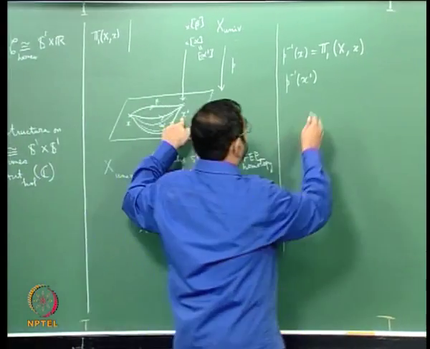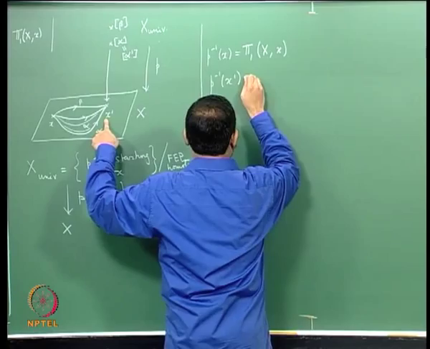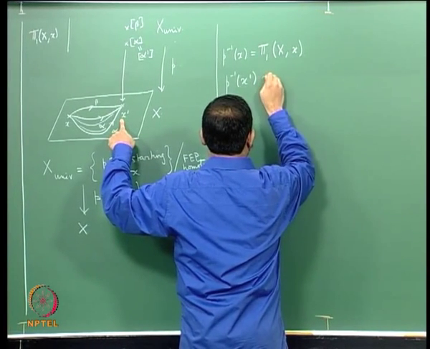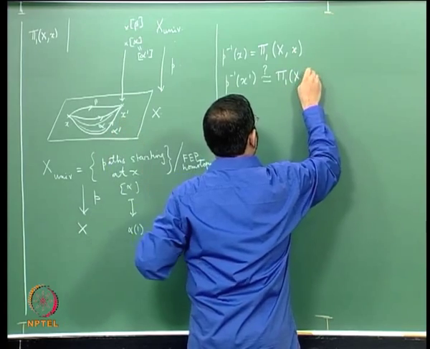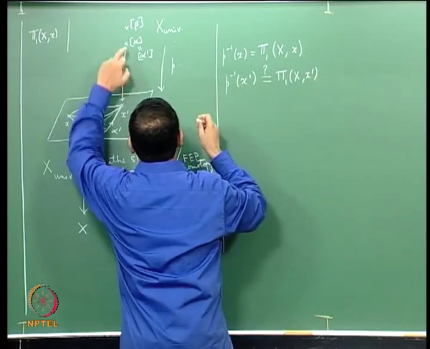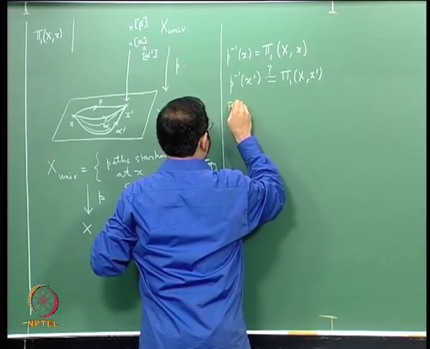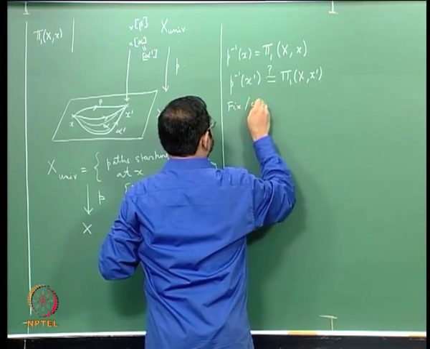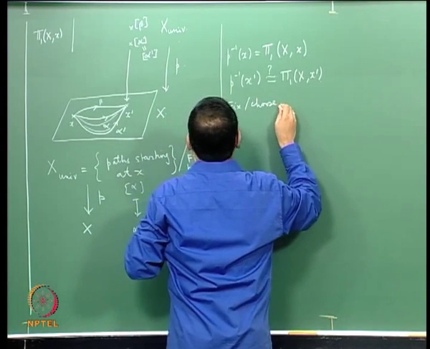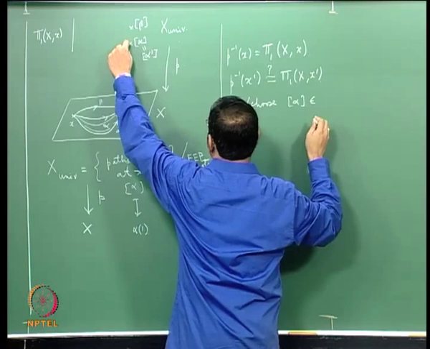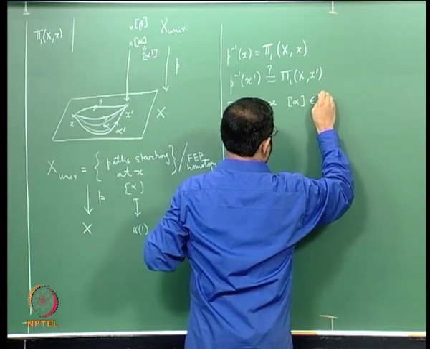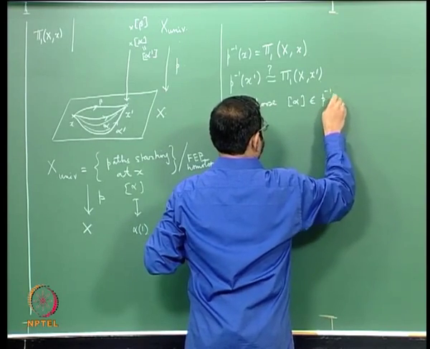Well, for that, why is this going to look like the fundamental group of capital X based at x prime? To understand this, let me fix, or choose, an alpha in this, let me choose a point alpha here, alright. So this is in P inverse of x prime.